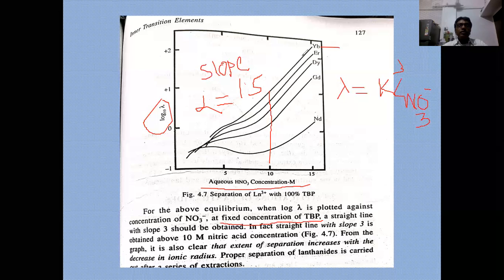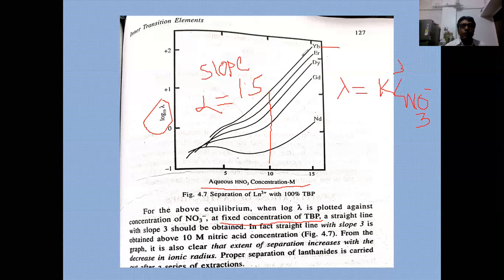So in this way, using the solvent extraction method, the lanthanum ions can be extracted from the aqueous phase into the organic phase. This method is also called the TBP extraction, or tributyl phosphate extraction, method. So why is TBP selected as a solvent? There are 3 reasons. The first reason is that TBP is easily diluted with kerosene.